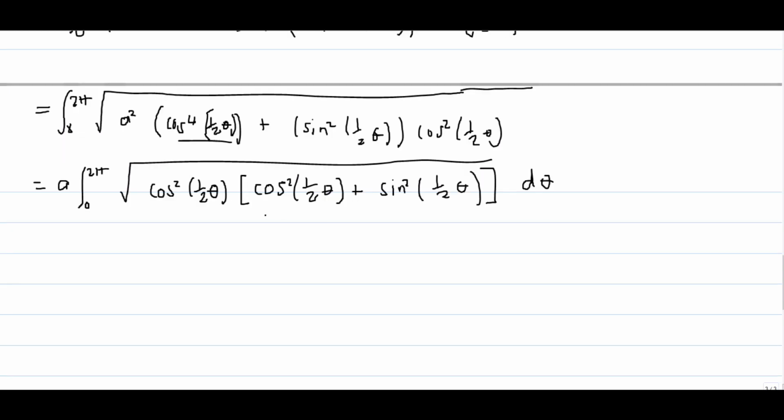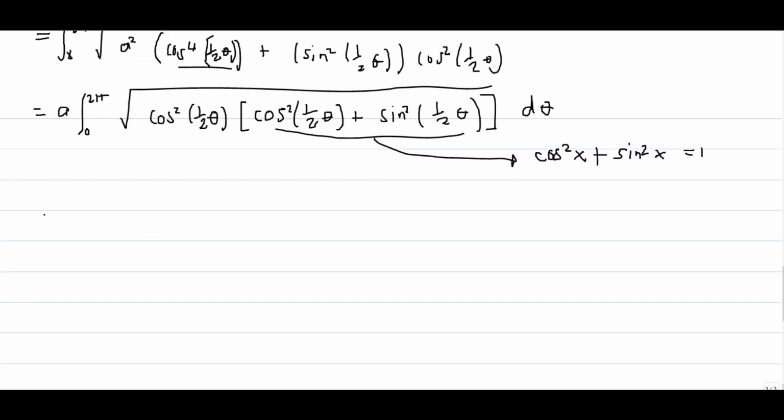Okay, so by the way, don't forget also to think of the Pythagorean relation in terms of trigonometric substitution, which is cosine squared x plus sine squared x is equals to 1.